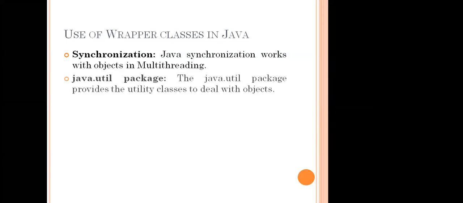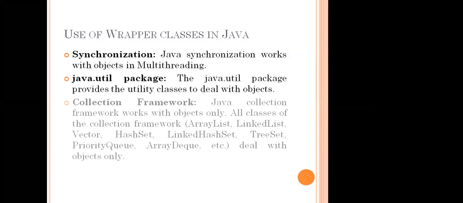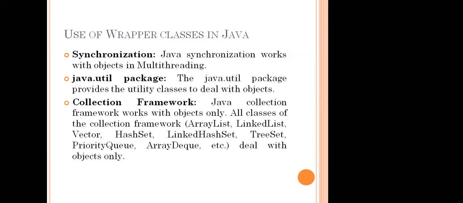These wrapper classes are in the java.util package. We have packages in Java, and we need to use these wrapper classes from a package. Then the collection framework. What is a framework again? The Java collection framework works with objects only.